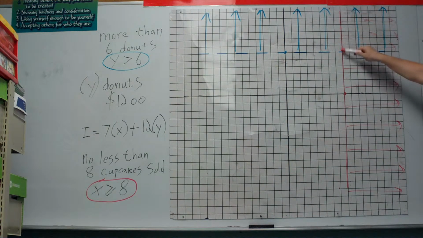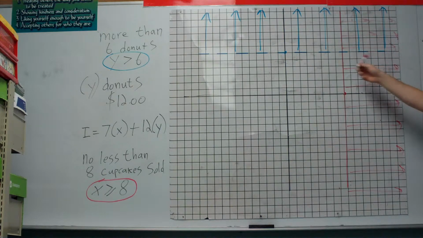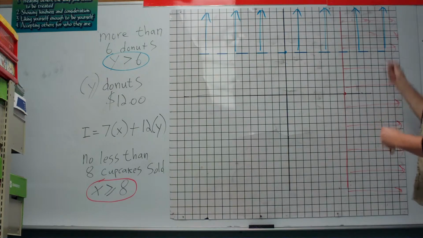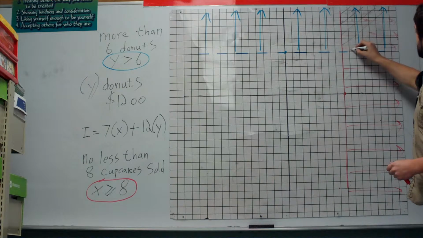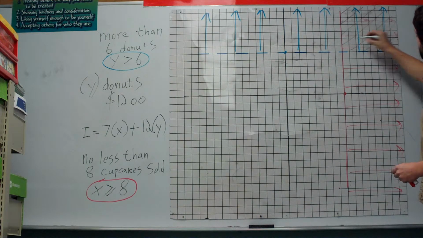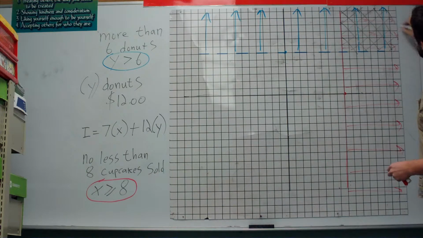Well, if you look at this little square here, you can see this square contains values of y that are greater than 6, and it also contains values of x that are greater than 8. So our feasible region is right here. There's our feasible region.